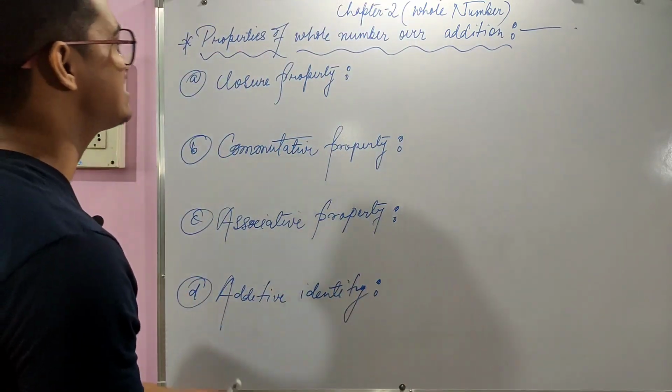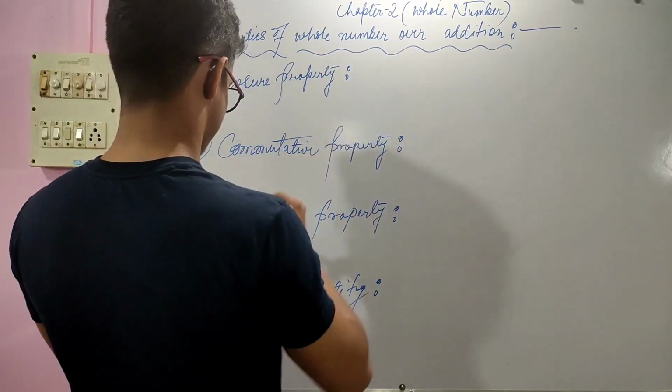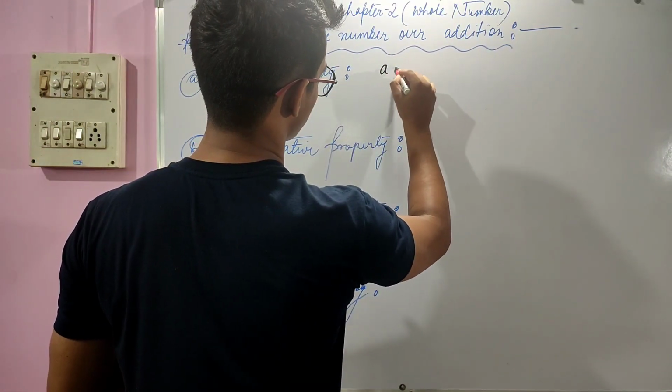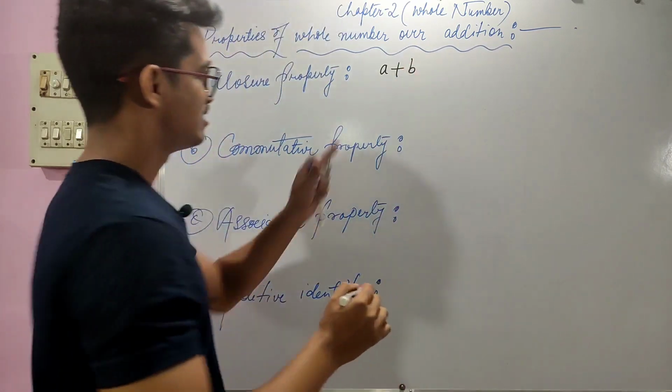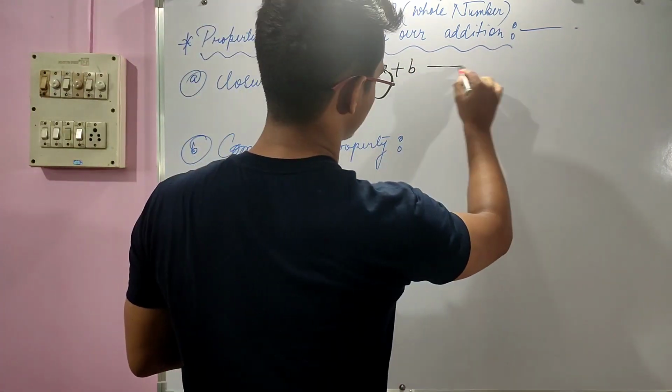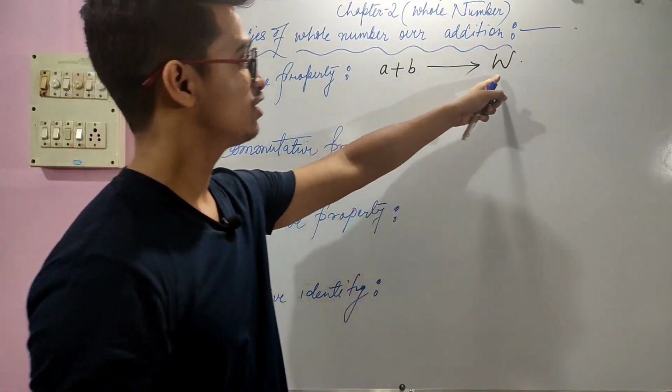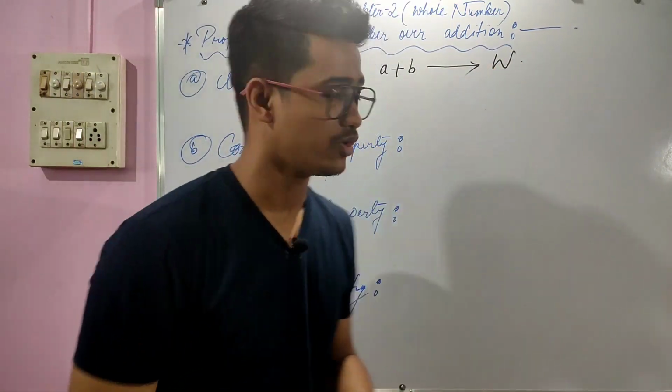So this property is something like A plus B is basically a whole number. The representation of whole number is W, as I have told you earlier.